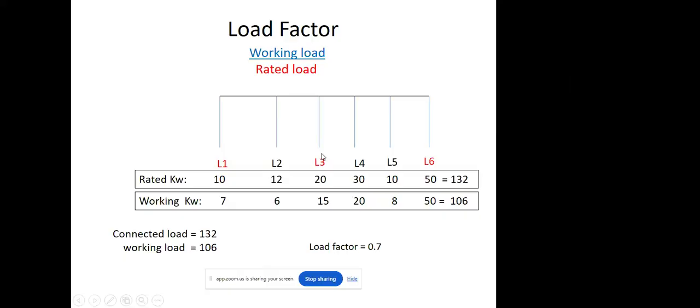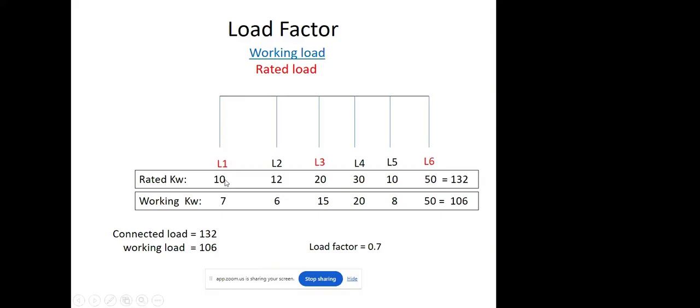So here there is a calculation of load factor. See all these loads. Say initially all loads are there, but only L1, L3, L6 are running. These are the nameplate values of these motors. Say 10 kilowatt, 20 kilowatt, and here it is say 50 kilowatt.